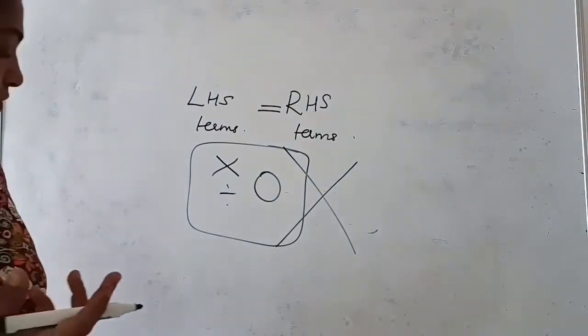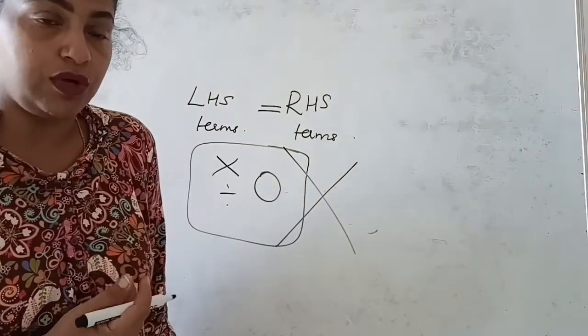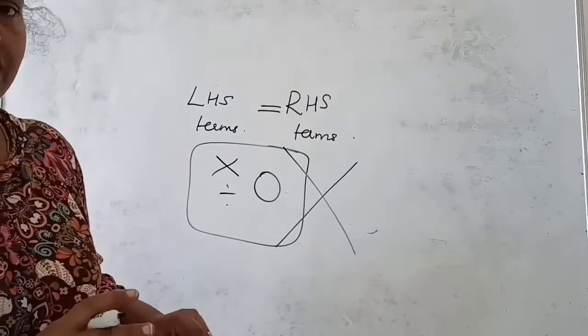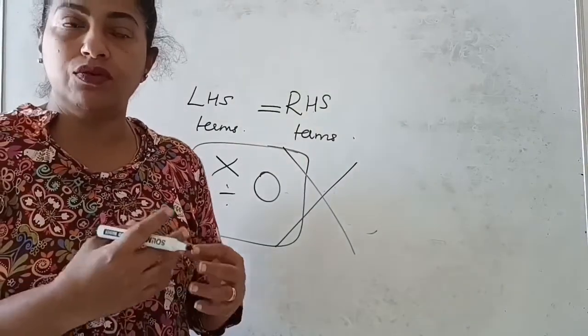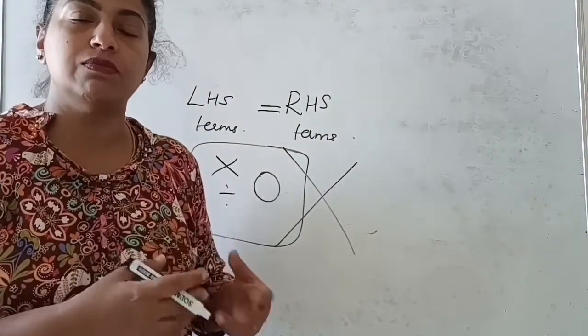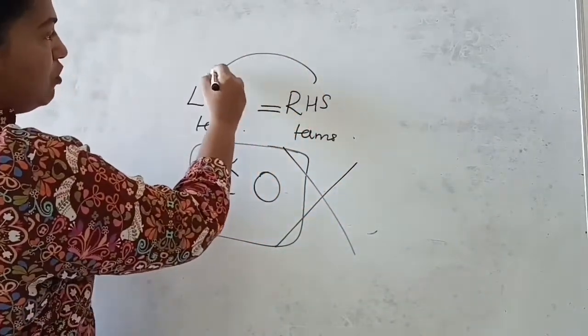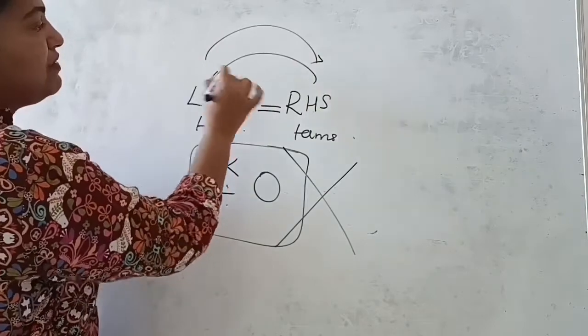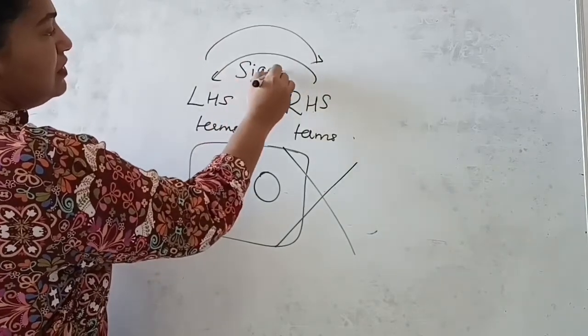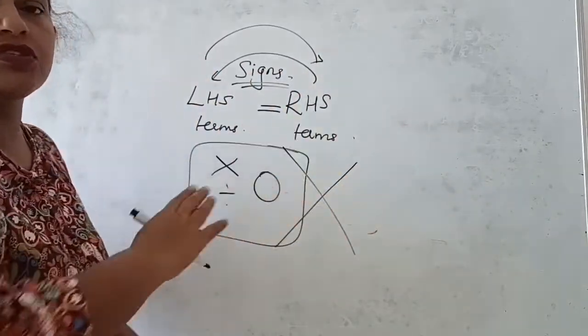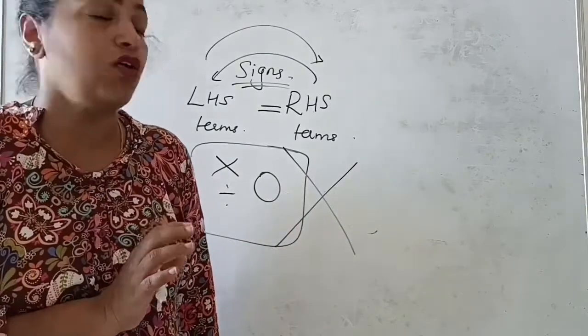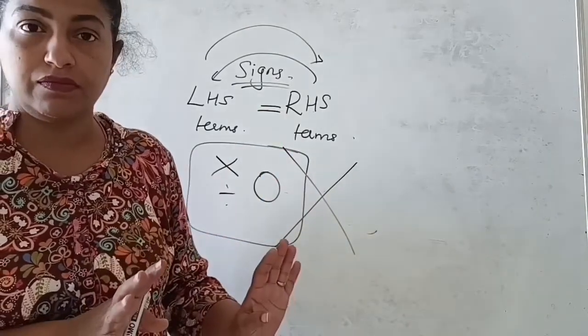Now, let us move on to the next rule. The next rule is basically about transposing. You know what is transposing or shifting of terms. When you are transposing terms from the RHS to the LHS or from LHS to the RHS, please mind the signs. Change the sign before you transpose your terms to either side of the equal to sign.